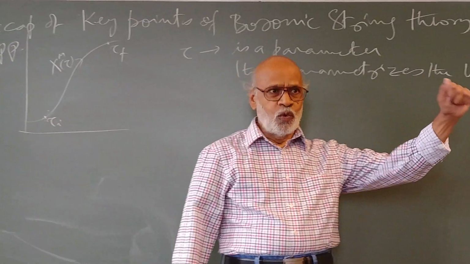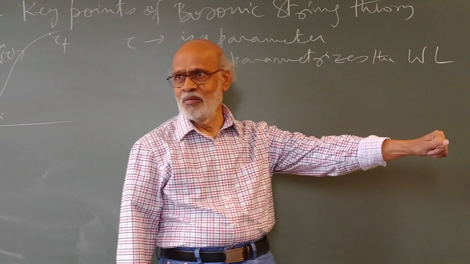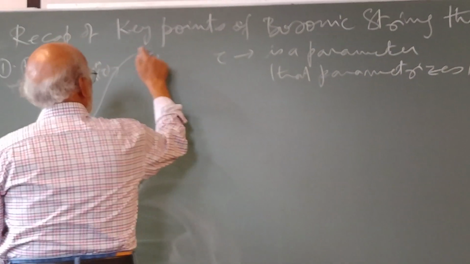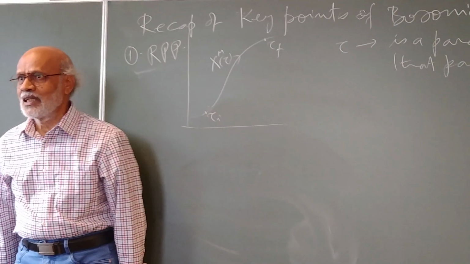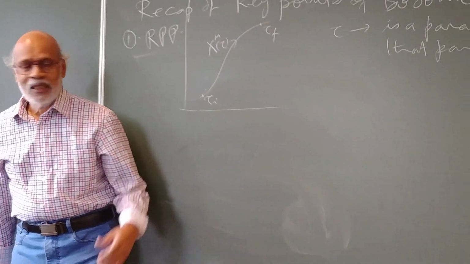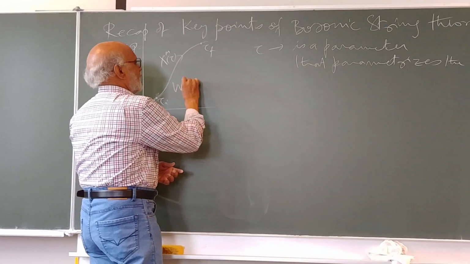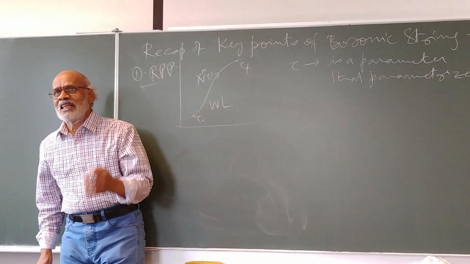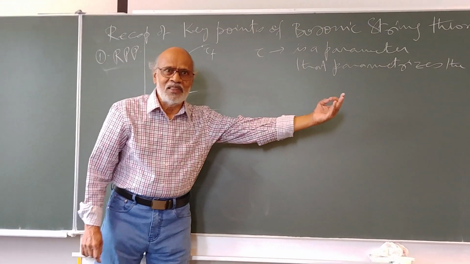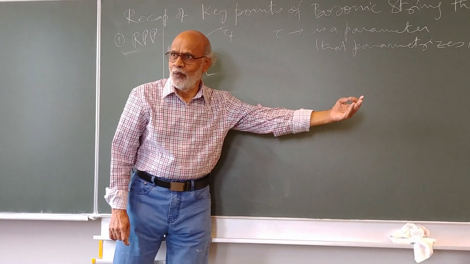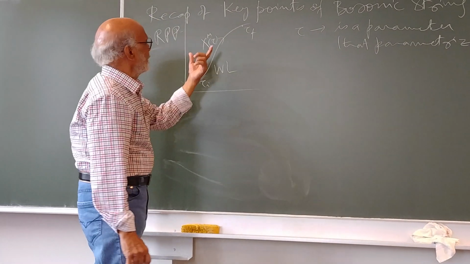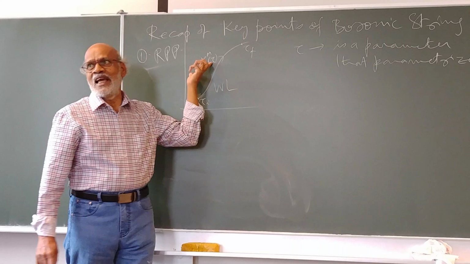As the particle moves through space-time, it sweeps out a trajectory which is called the worldline. So the worldline is the trajectory of the relativistic point particle, and this can be parameterized by x mu of tau.